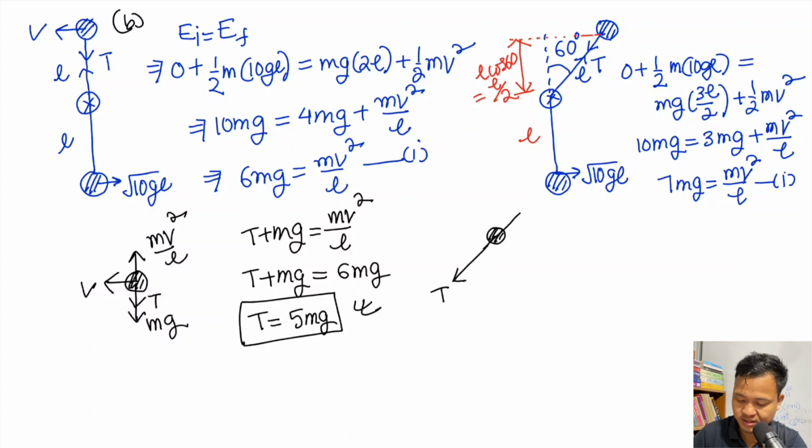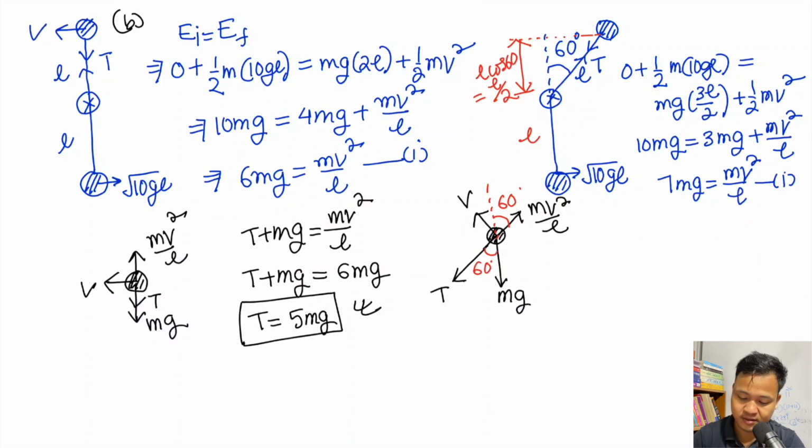Okay, tension T, so that means velocity is along this side. Opposite, I will have mv square divided by L. Then mg acts vertically downwards. So this is the vertical, and the angle is 60, so that means this is also 60.